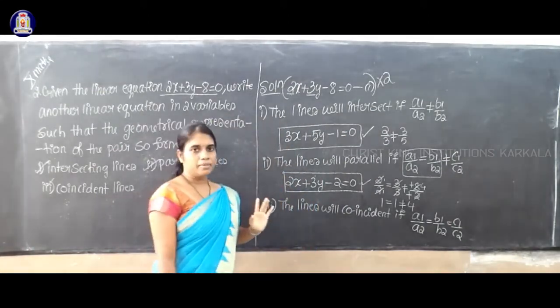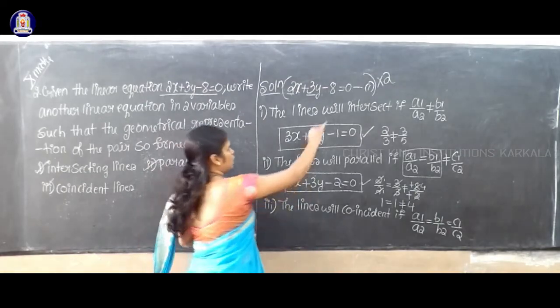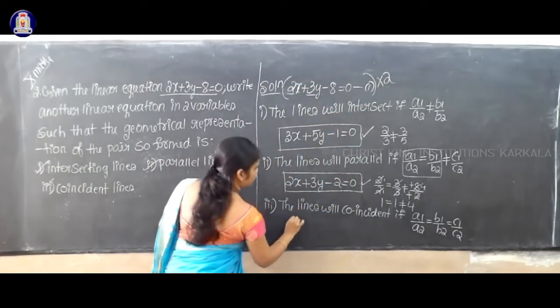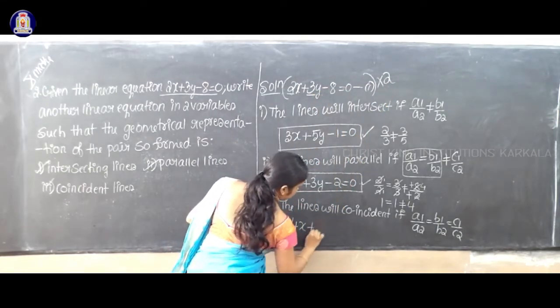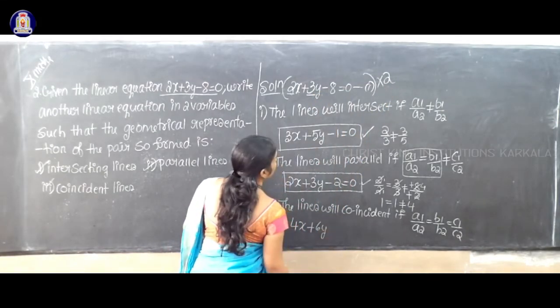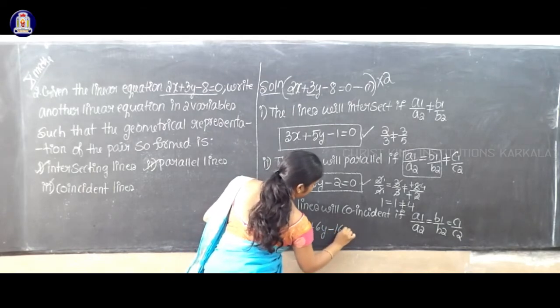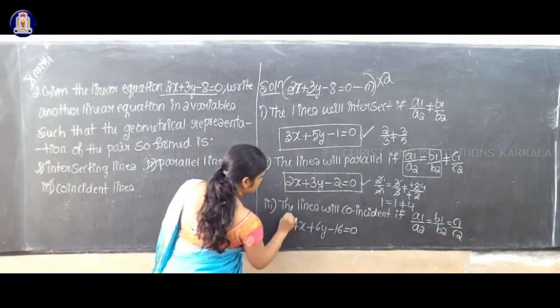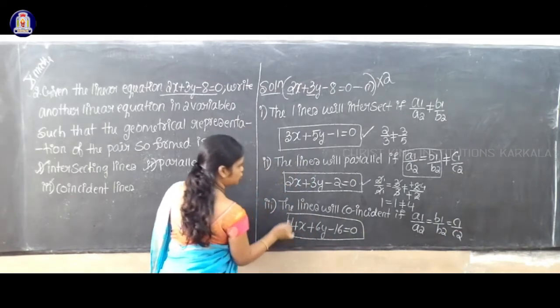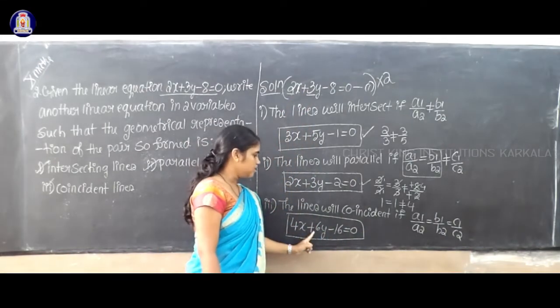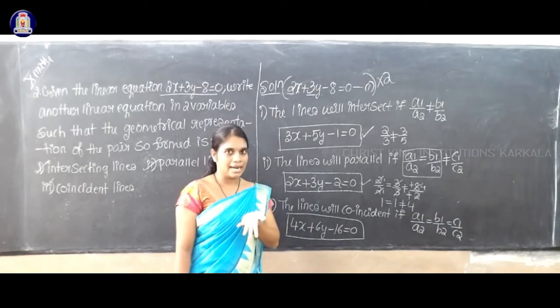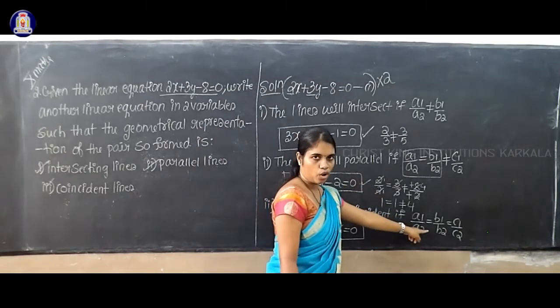Multiplying by 2, 2 2s are 4x, 2 3s are 6y, minus 8 2s are 16 equal to 0. So this is a newly generated equation.